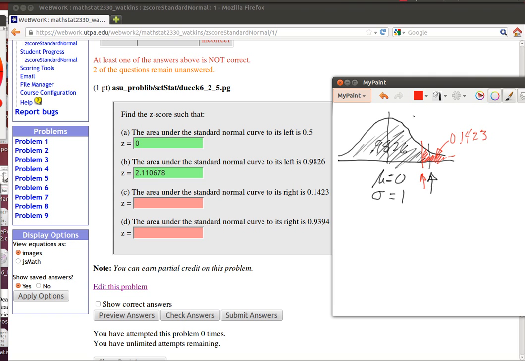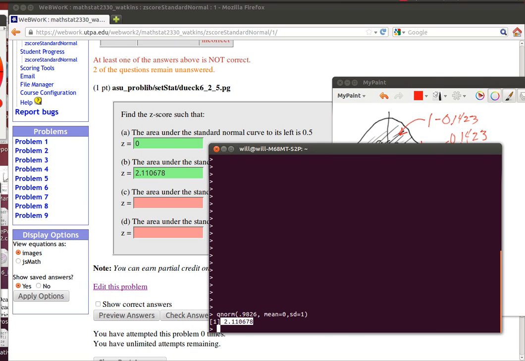That means that the area on this other side is going to be 1 minus 0.1423. Now it's the area to the left that the quartile gives us the information for. So we needed to do that so that we could look at the quartile of 1 minus 0.1423. Now I could have done that outside of R, but might as well let R do the work there. So now there's the number that we're going to need for that particular area.